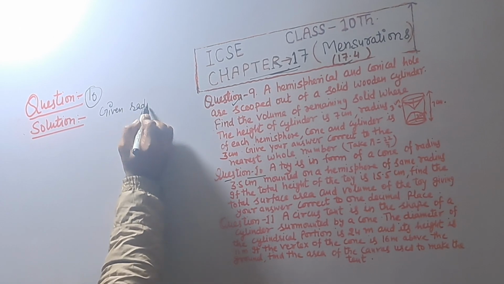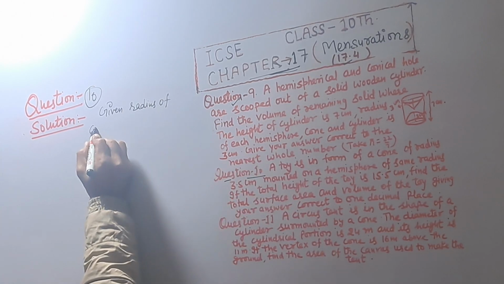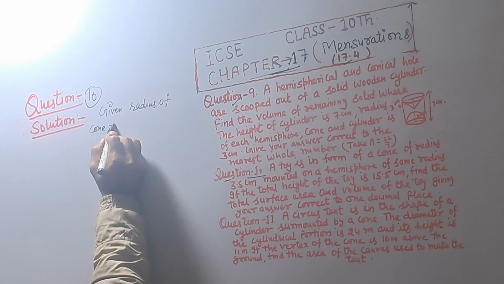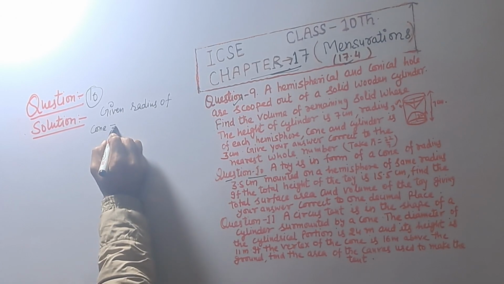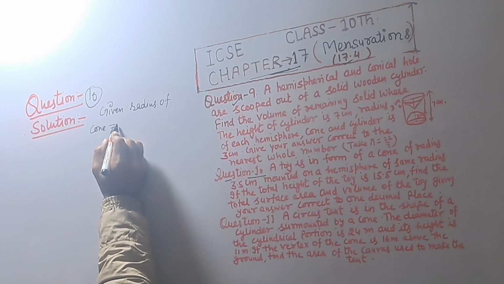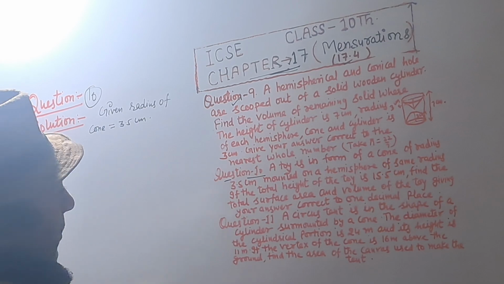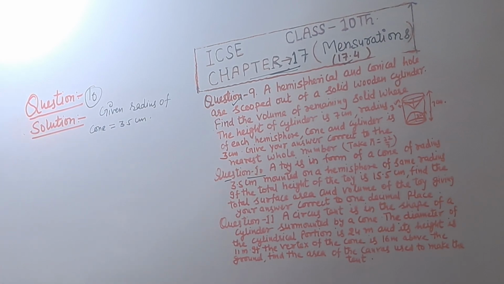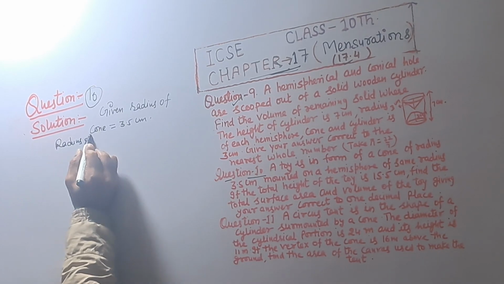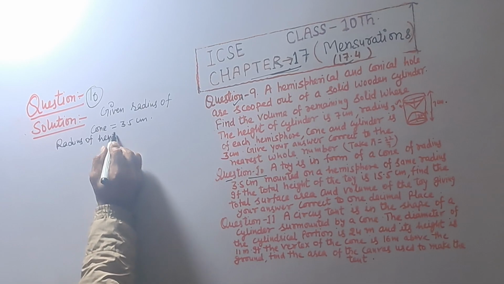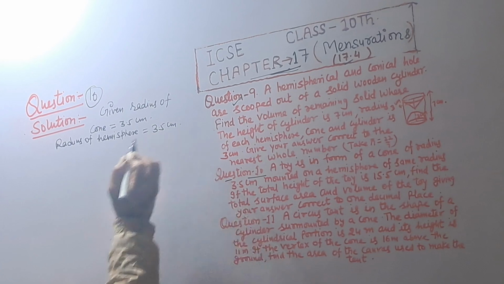Given radius of cone equal to 3.5 centimeter. Radius of hemisphere is same, 3.5 centimeter.